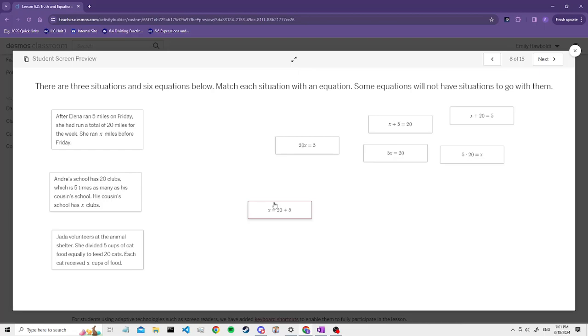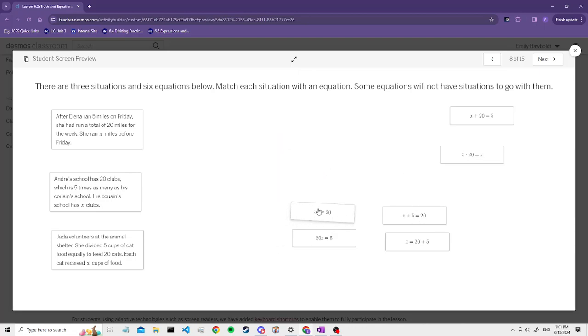Okay, so before we look at the first situation, I'm going to organize my equations and see if you notice a pattern for how I'm organizing them. How did I group them? What do you notice about my equations?